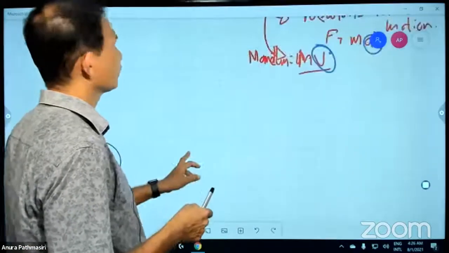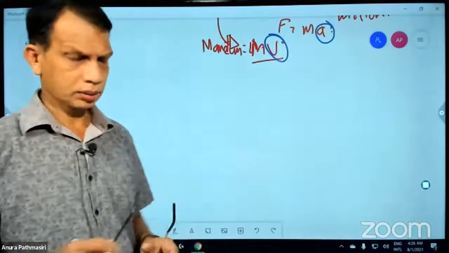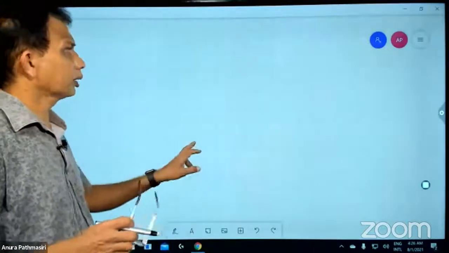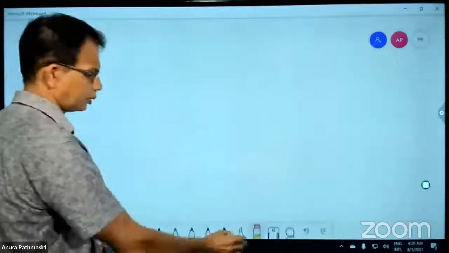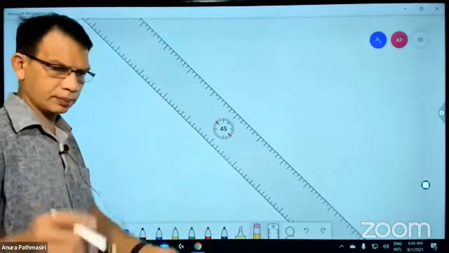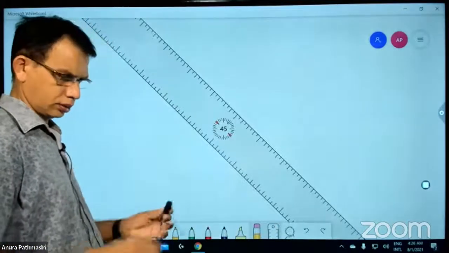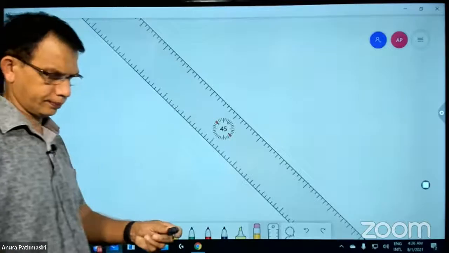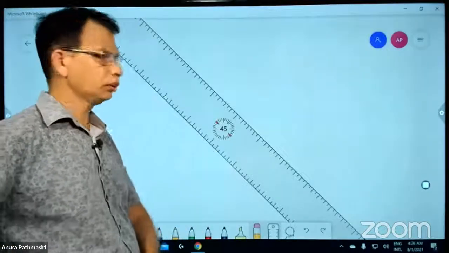We are discussing about the displacement time graph, and we'll draw the displacement time graph given here. It is something like this. Right. Are you okay with this all? No problem?